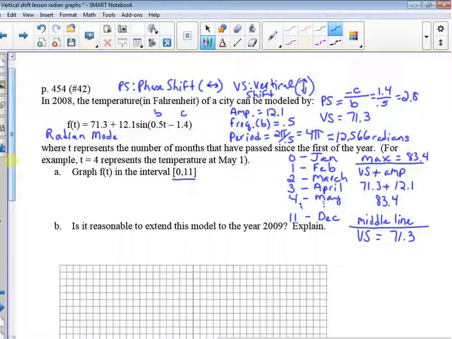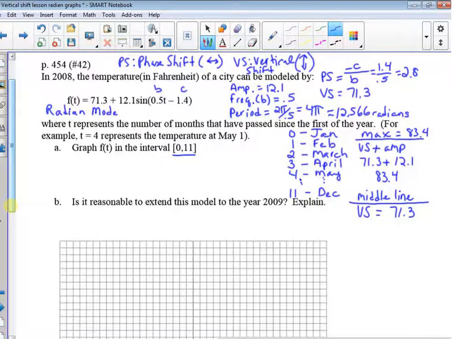So we need to be in radian mode. This is a problem that is telling you, in essence, you need to be in radian mode. Anytime the interval is going to be 1, you need to be in radian mode. If your interval is 30, then you can be in degree mode.